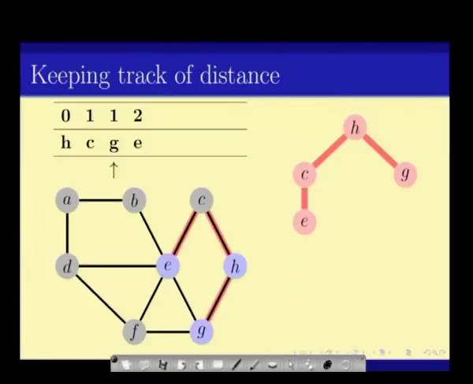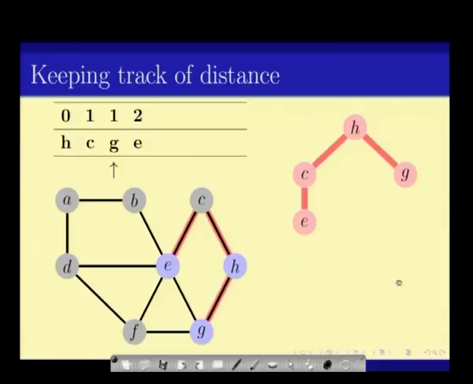Similarly, I look at the neighbors of C, which is E, and the distance of E is 1 more than its parent C, and since C's distance was 1, I put 2 here.